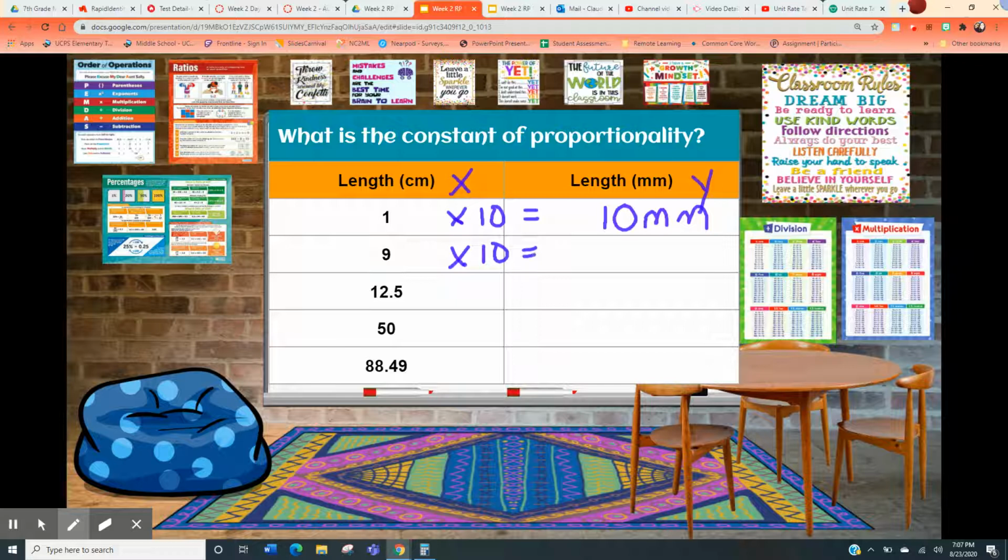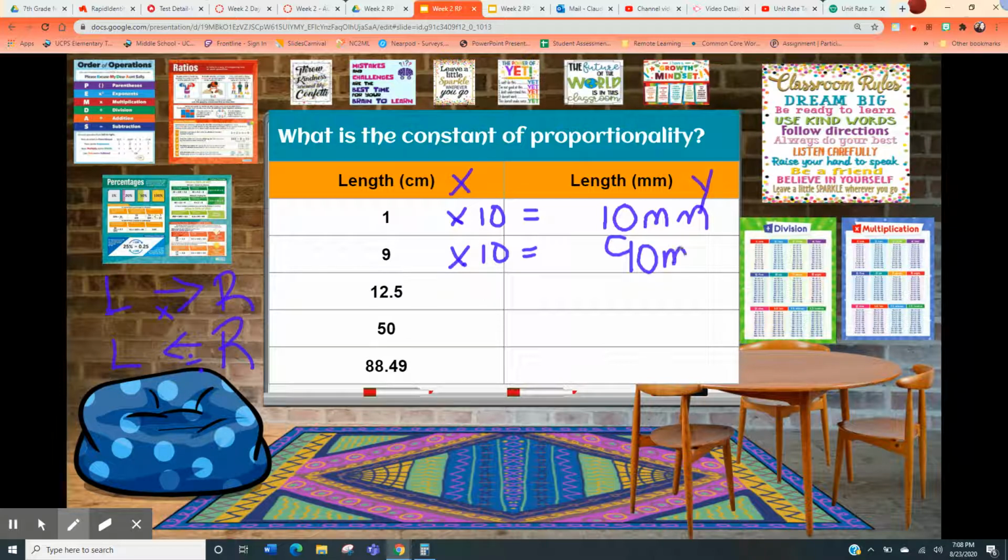Remember a little trick. From left to right, we're multiplying. And from right to left, we are dividing. So 9 times 10 would give me 90.